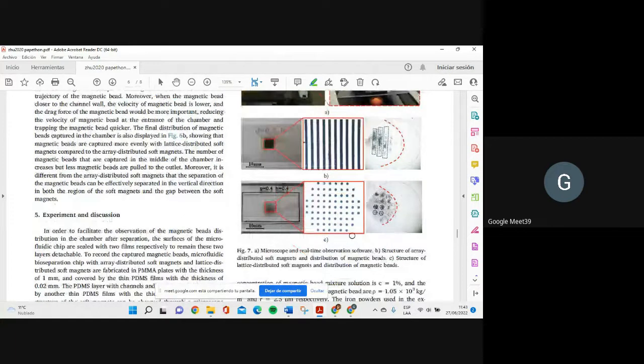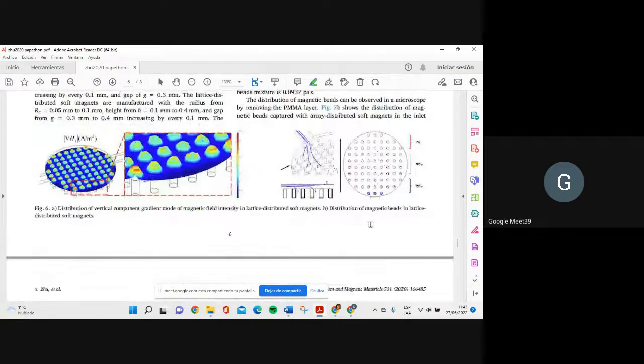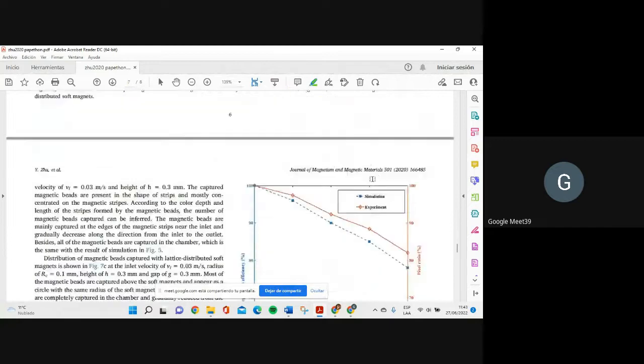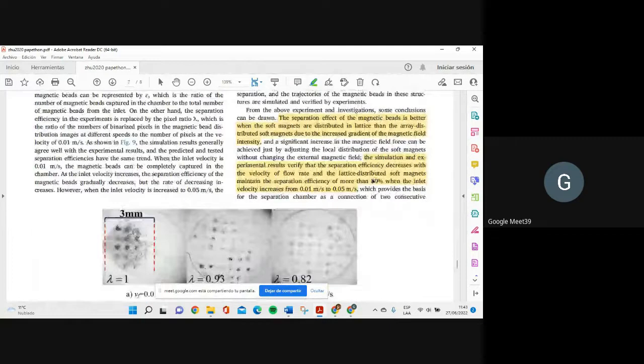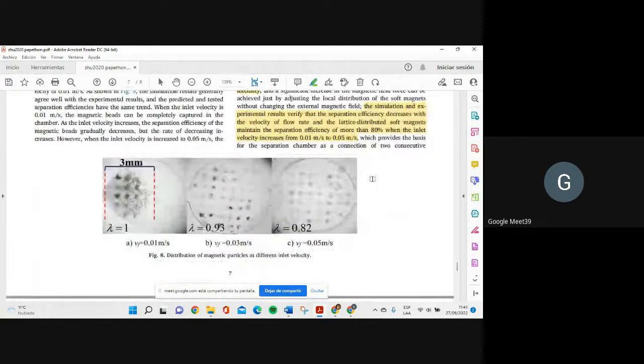But when they use this column distribution, they can see that there was a better homogeneous distribution. This is the same in another view. And the other thing that affects this distribution was the flow. They saw that with a faster flow, the distribution was generally better.